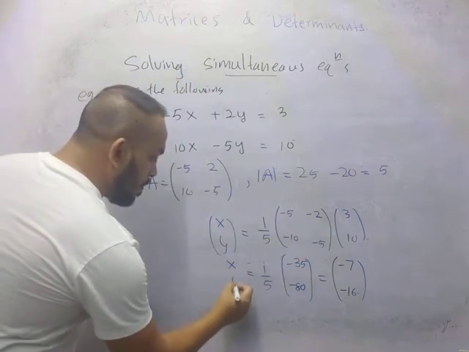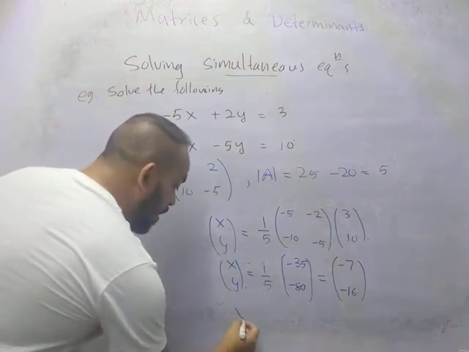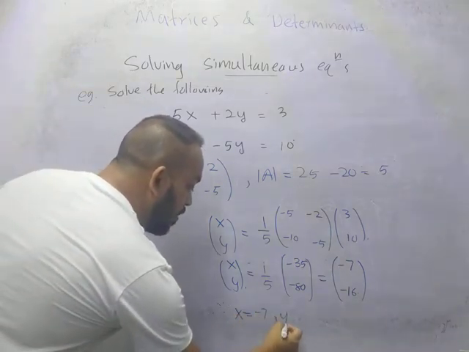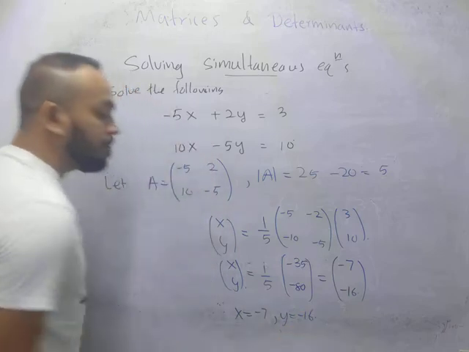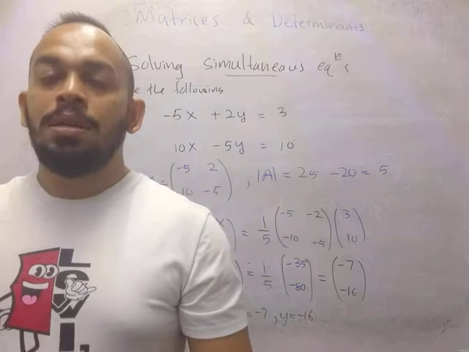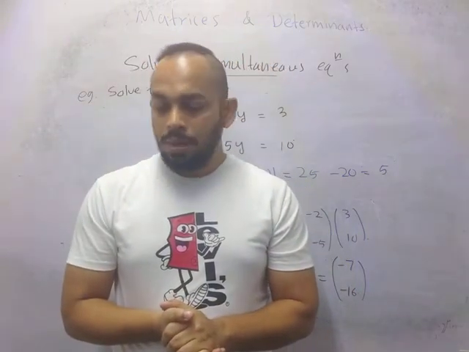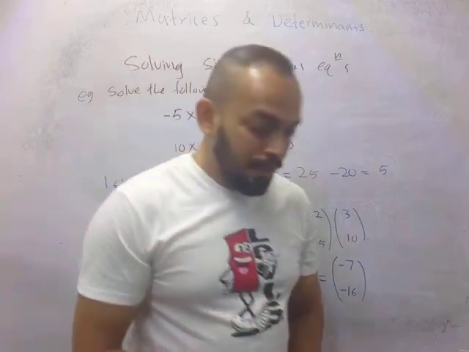Right, x over y. See how easy this is? Therefore, x is equal to minus 7 and y is equal to minus 16. Right, so this is how you solve simultaneous equations. So we'll do more examples on this in class. Right. So thank you.